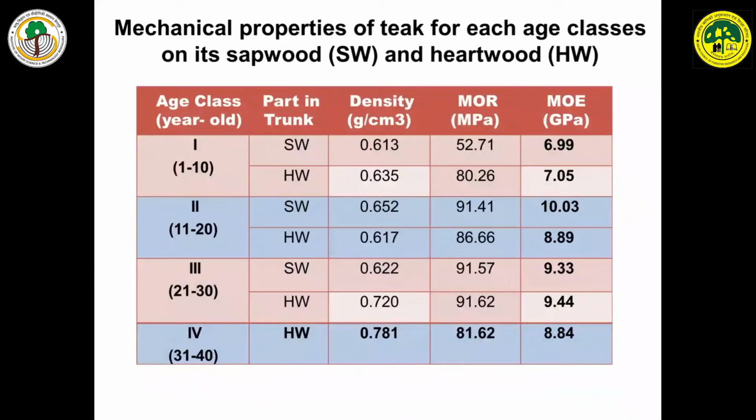And then we can see the difference in the mechanical properties of the sapwood and heartwood in case of teak. There are three different properties which have been compared based on the age of the tree: density, modulus of rupture, that is bending strength, and modulus of elasticity, that is bending stiffness.